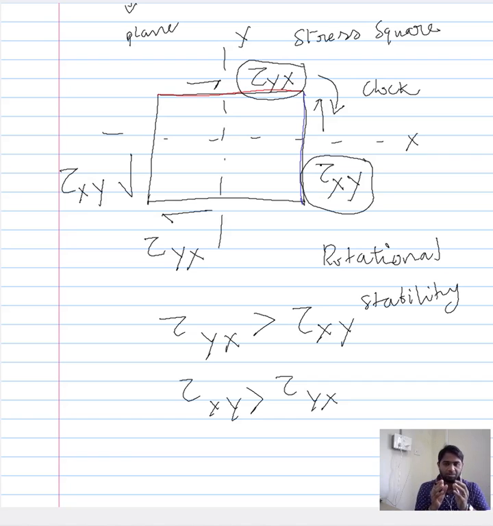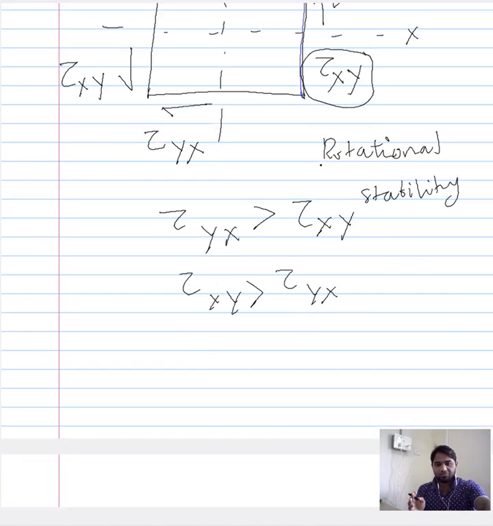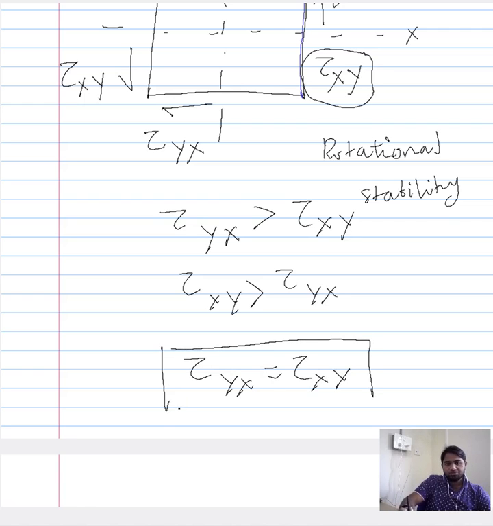The cube element that we are building is for our understanding. In that case, when you want to have rotational stability, tau yx should be equal to tau xy. Remember, we are talking about a point, a theoretical conception, and we have drawn a cube out of this point for our understanding; it is not physical.